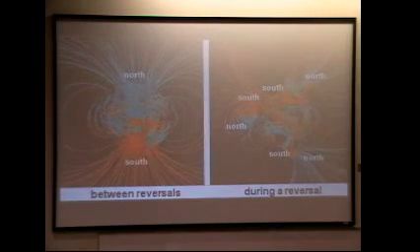NOAA, the National Oceanic and Atmospheric Administration, the weather people, have a subdivision dedicated to space weather. There's an organization called the Space Weather Prediction Center that makes forecasts similar to terrestrial forecasts. Telecommunications, power grids, and airlines receive daily forecasts and updates.